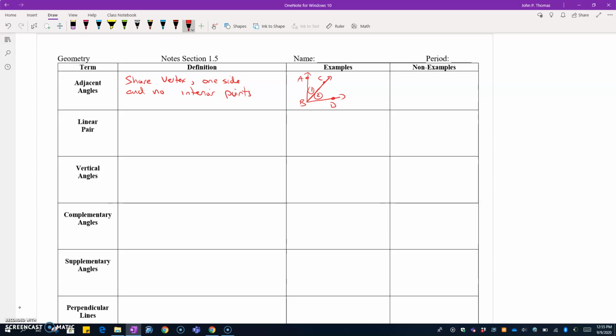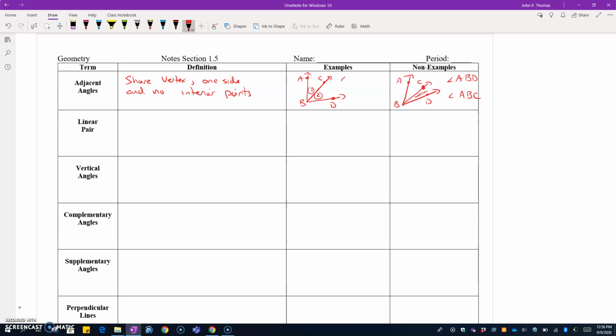Examples that would not work would be like if I had something like this. Let's just use the same picture, where I have A, B, and D, and then I have C through the middle. If I was talking about angles ABD and ABC, those two are non-adjacent because they share the interior points in this region here.